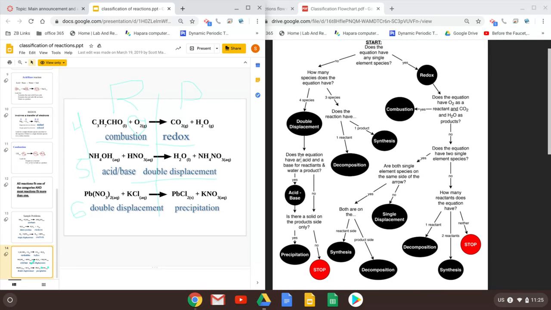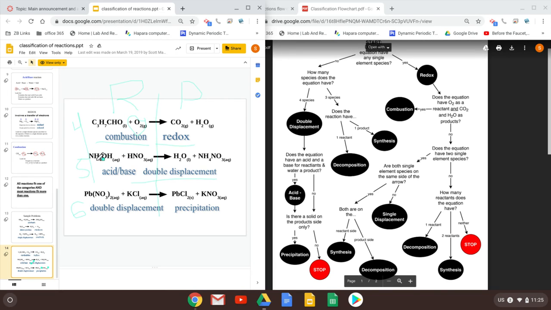The next one, because you got to go down the arrow, is does the equation have an acid and a base for reactants and water as a product? So remember that acids start with H, so we have an acid here, and bases end in OH, so we have our base. So we got our acid, we got our base, and if we look at the product side, we have our water.